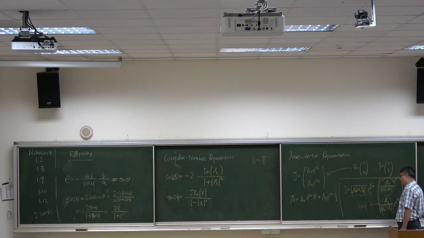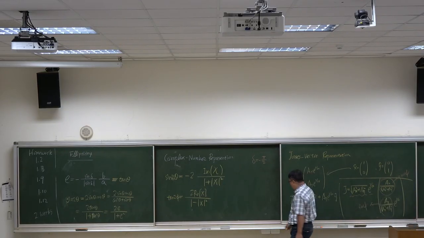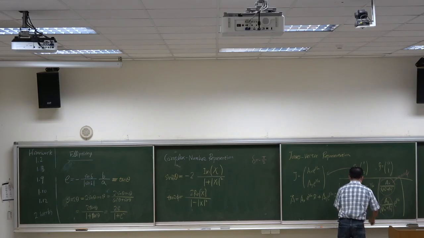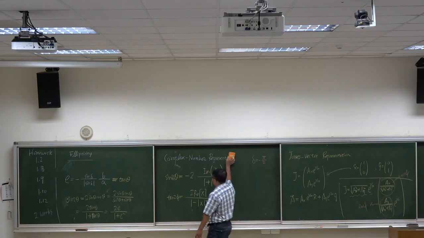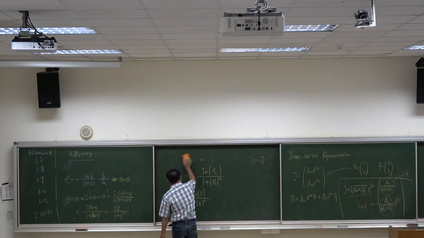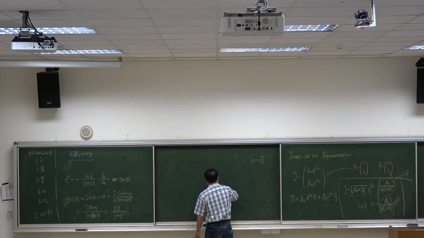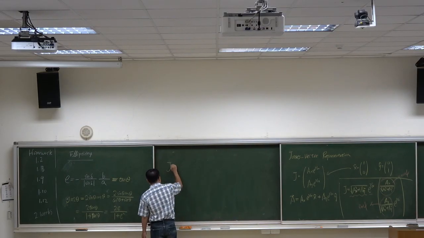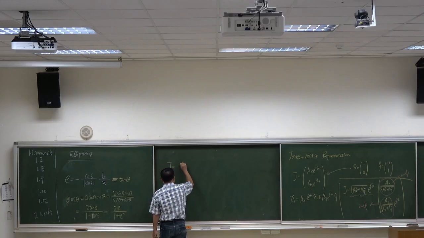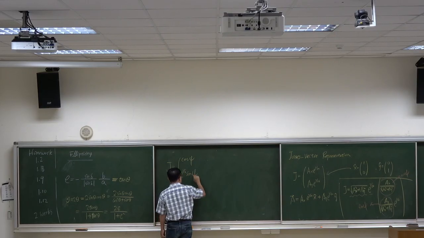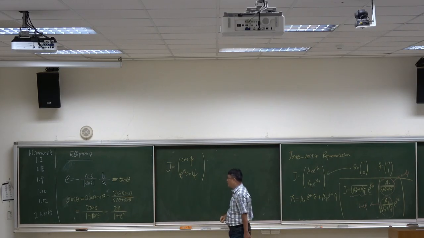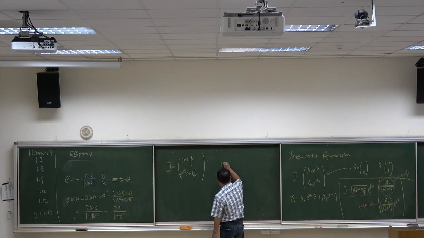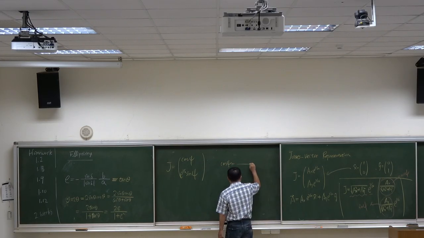And finally, we can write J as this: cosine psi, exponential i delta times sine psi. Okay. Here, cosine psi is this.